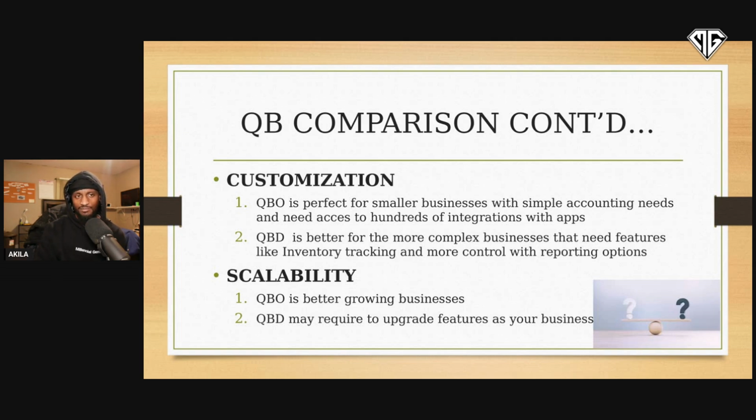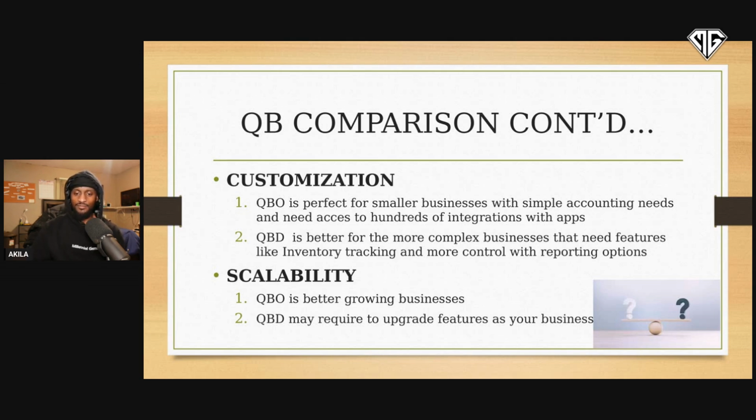But again, that's based off of the subscription you choose. And like I said, it integrates with over, I don't know, 500 third-party apps you can use. These are things like PayPal, Shopify, Square, MailChimp, all those app integrations.